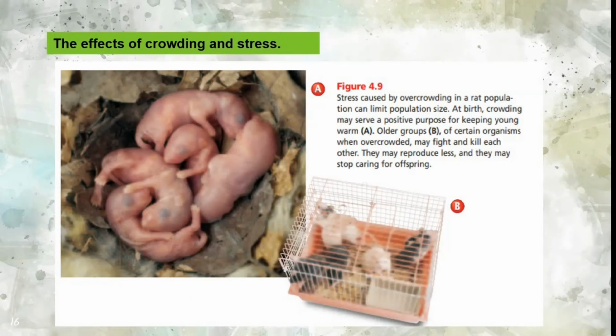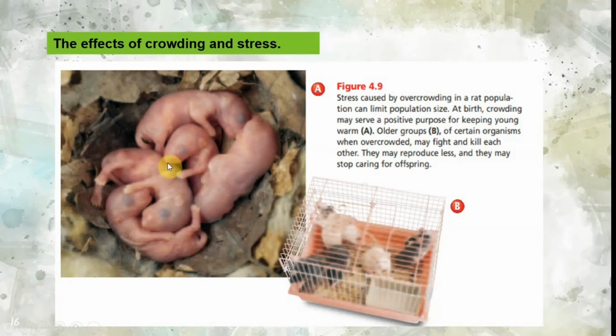The effect of crowding and stress. A population increases in size in environments that cannot support increased numbers. Individual animals can exhibit a variety of stress symptoms. Yes, animals can stress. How? Well, this includes behavior like aggression, decrease in parental care, decrease in fertility, and decrease in resistance to disease.